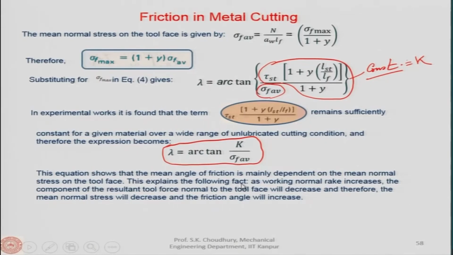This explains the fact that as the working normal rake, alpha n, increases, the component of the resultant tool force normal to the tool face will decrease. So, as alpha n increases, okay, this is the normal rake angle.